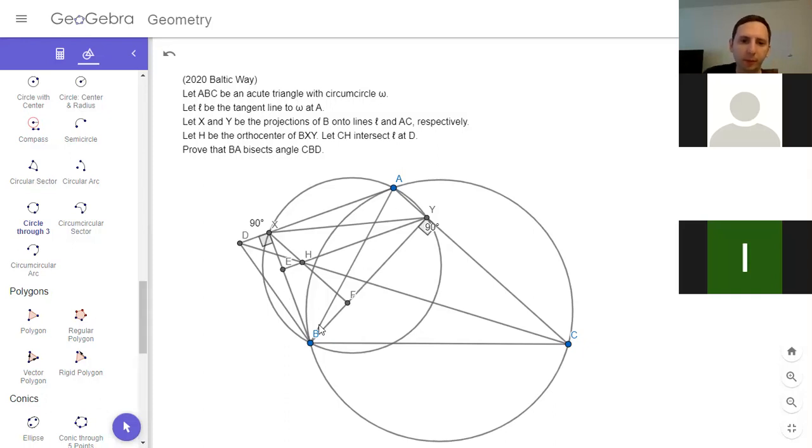So basically, we want to show, I wonder if you could just use spiral similarities. Yeah, basically, oh, I think I've solved it. Hold on just a second. Actually, now I'm not sure. So we could try to show triangle BXY is similar to BDA. That would solve it. And we know one of the angles is equal.